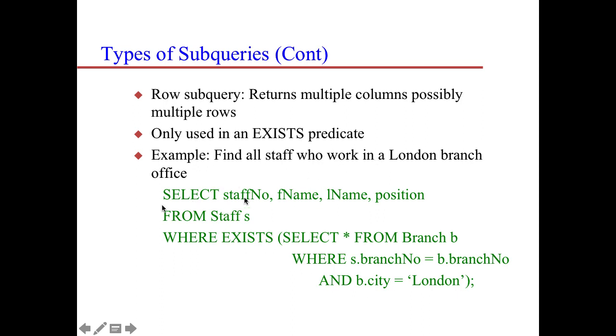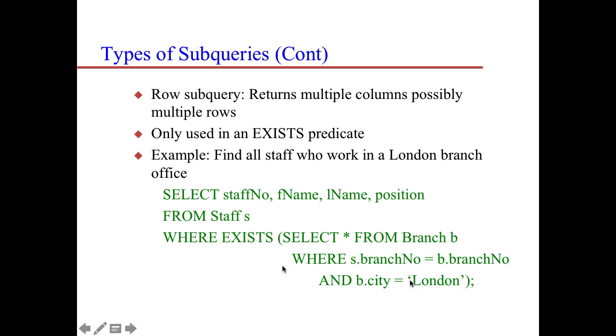So we select a staff number and their information from staff. And here's the subquery right here. We're selecting star from branch B, where the staff's branch number is equal to the branch's branch number, and this branch's city is London.